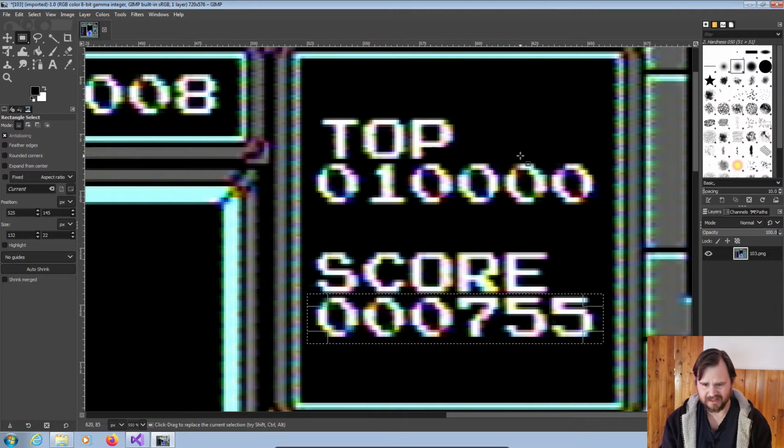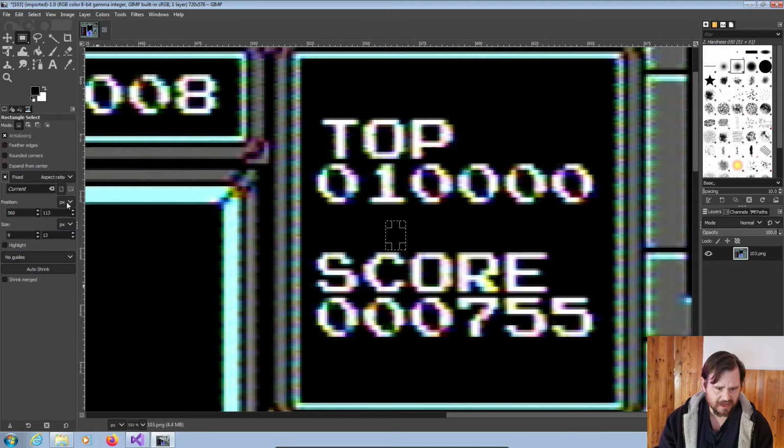Looks way too big, doesn't it? Let's make a 22 by 22 box again. I actually can do this. I can go fixed here. You probably can't see that. Size 22 by 22.